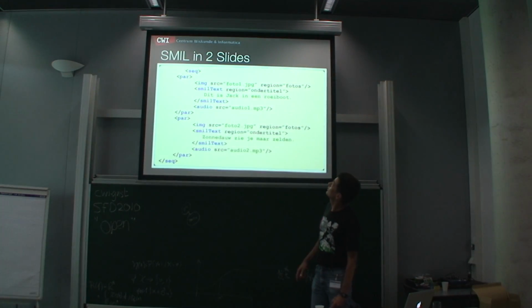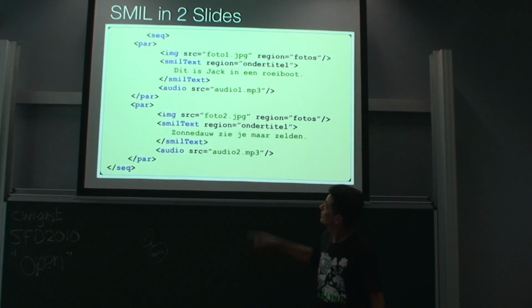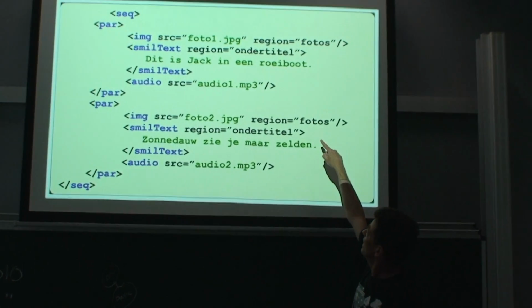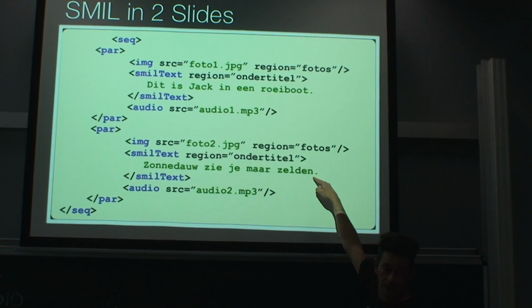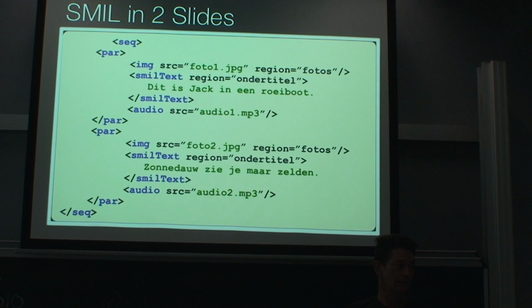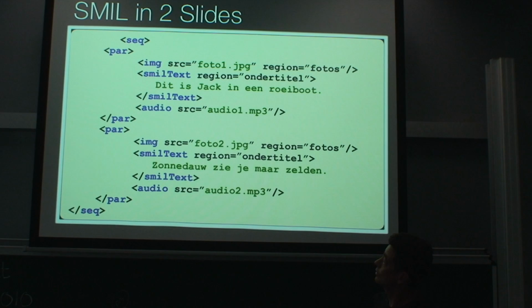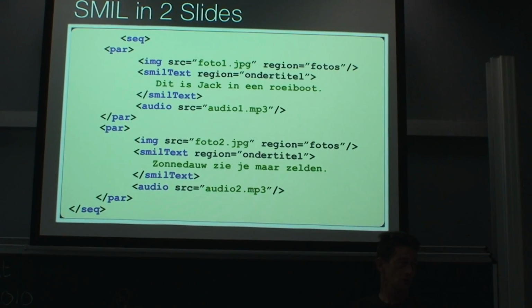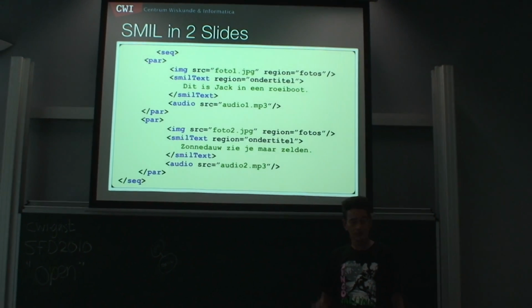This example here, the indentation went wrong at the top line. So a single slide is: you play in parallel an image, a text explaining the image, and a piece of audio that describes the image in audio. And so that is one slide, and our slideshow is simply a sequence of these slides.